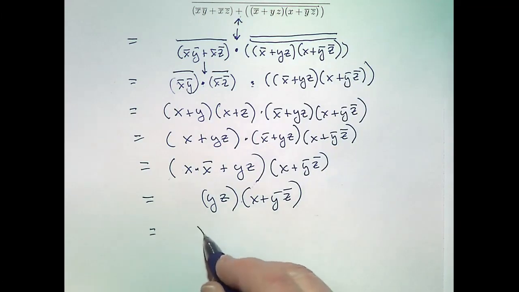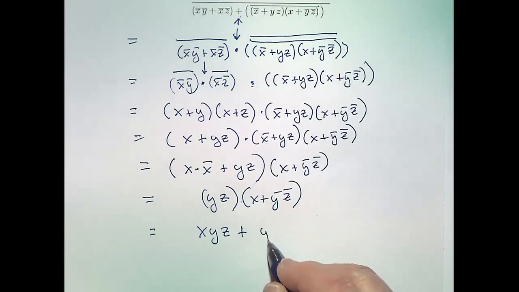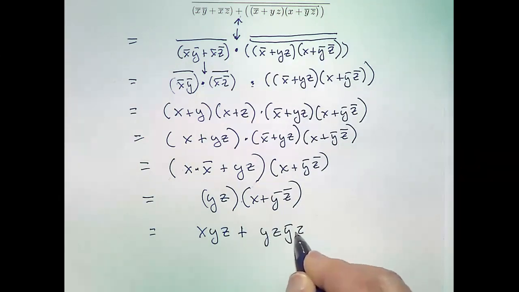Okay, so let's just write this out. x yz plus yz y bar z bar. That's 0. So we have x y z.